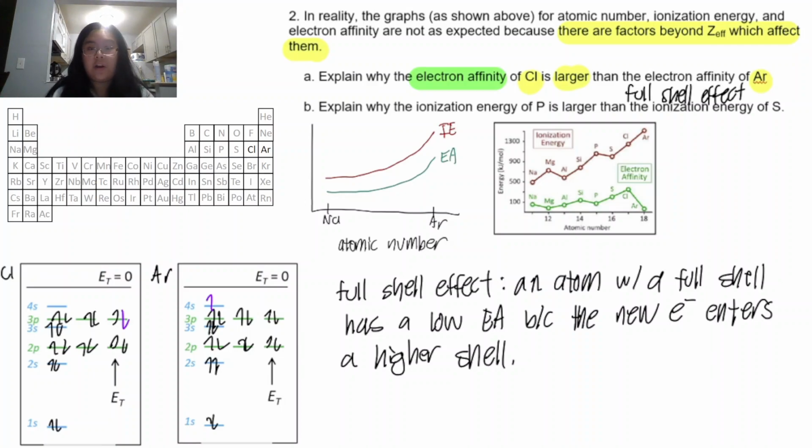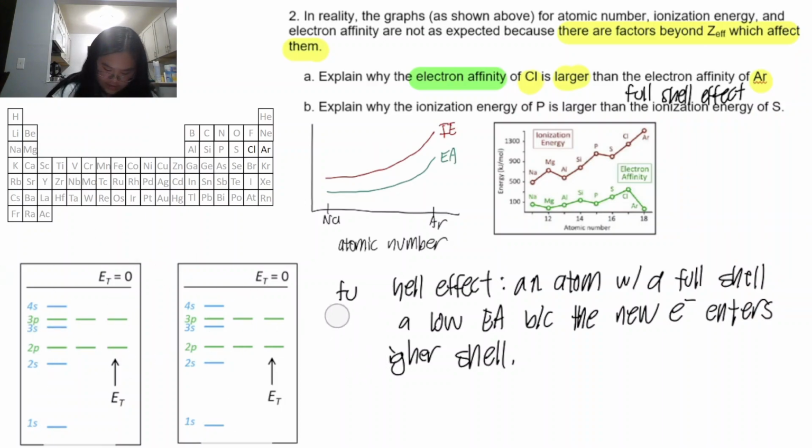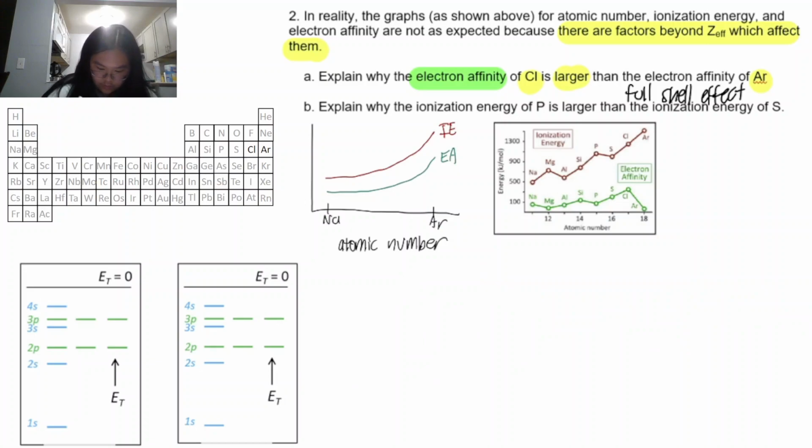And now let's do part B. So part B asks us why the ionization energy of phosphorus is larger than the ionization energy of sulfur.